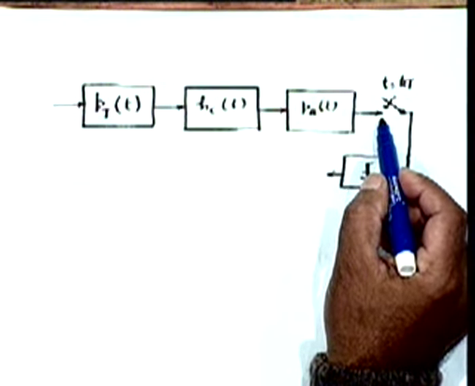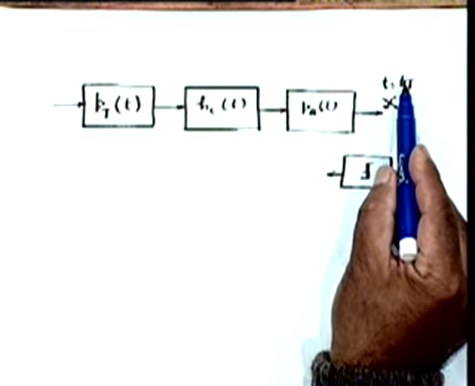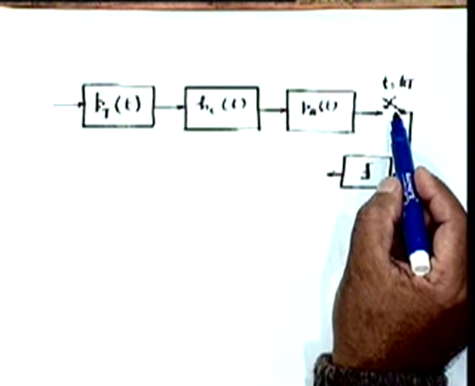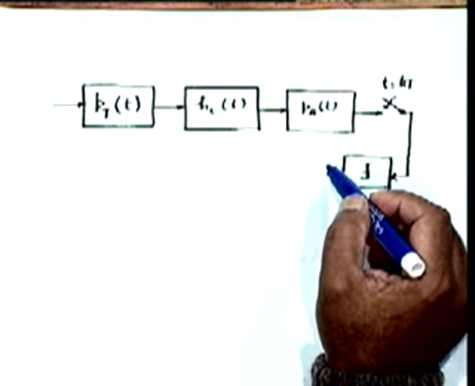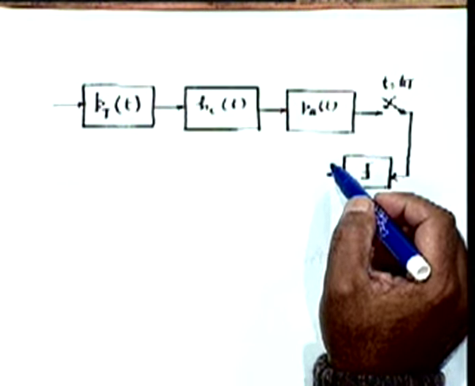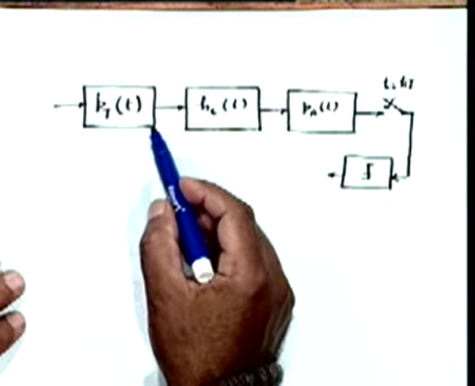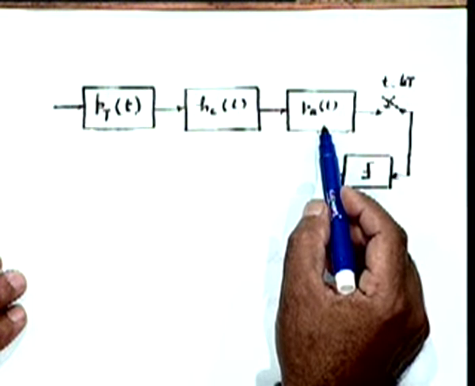Typically the output of such a matched filter will be sampled every kT seconds, and depending on whether the sample value is above a threshold or below a threshold, you will declare a 0 or a 1 to be present. This is the broad manner in which things will be done in a digital communication system from the point of view of a pulse that is transmitted, affected by the channel and processed at the receiver.